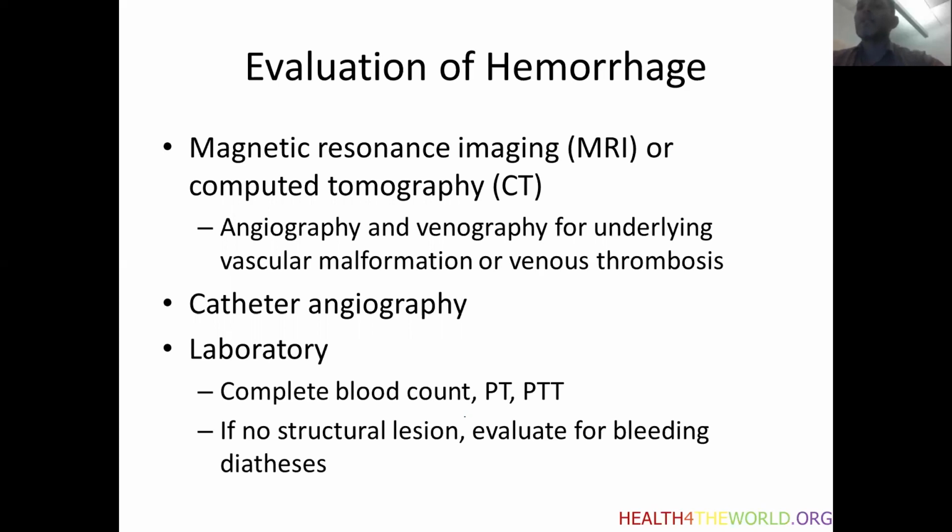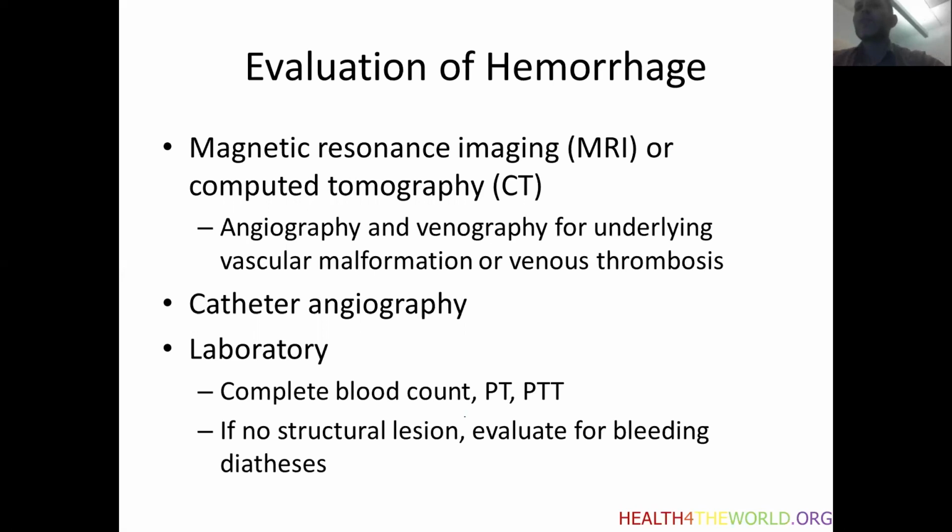And that, again, is because of the high prevalence of vascular malformations. So if a vascular malformation is not seen on MRI or CT, it's important still to pursue catheter angiogram because some small vascular malformations may be missed by these techniques.